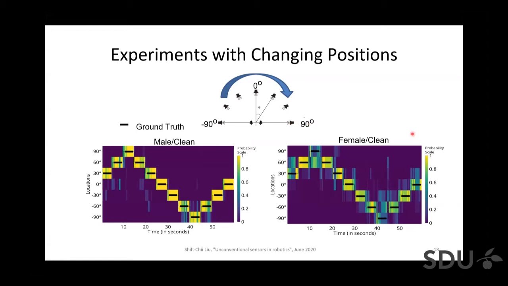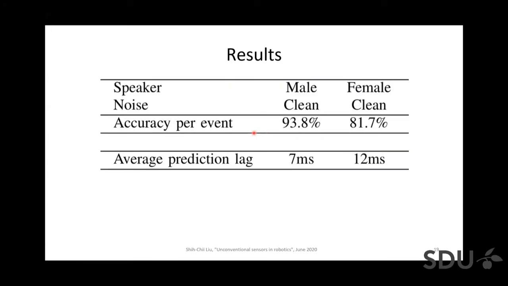And then we do the same thing for the female in a clean environment, and we found that it tracks pretty well also where the sound source is, but then you do see more mistakes. So we can quantify this. I just show you a subset of what we got in this particular experiment. The details are in a paper.